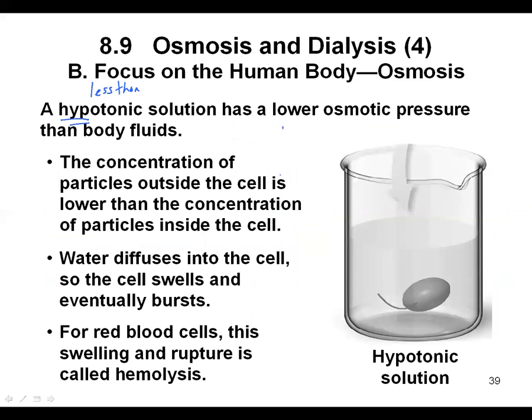So as that pretty picture shows, if you take your red blood cell in a hypotonic solution, because the outside is less concentrated than the inside of the cell, by osmosis, all the water in the solution on the outside of the cell is going to rush into the cell.